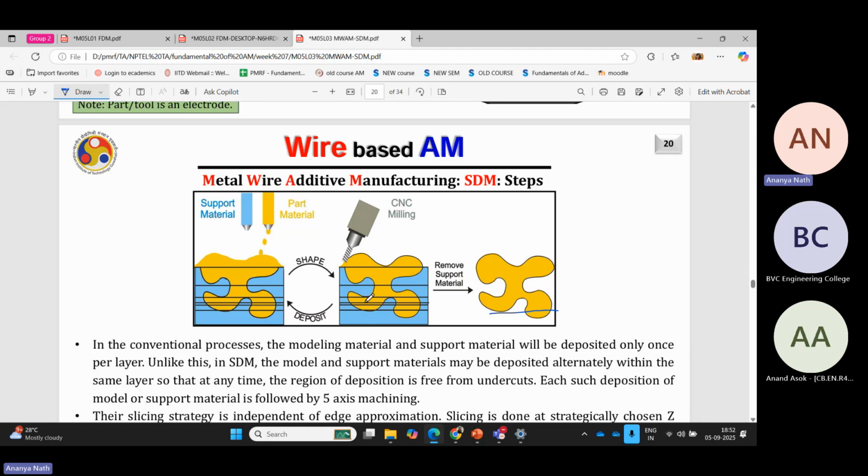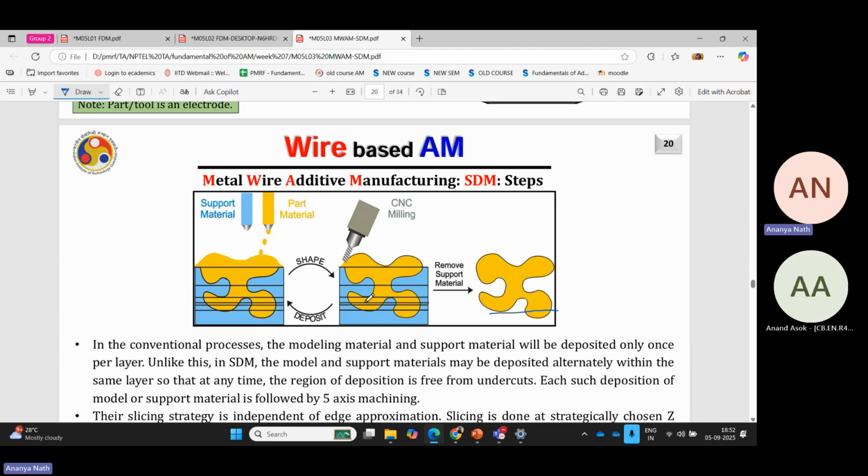This is based on how much complexity you have in the part, and based on that you are subdividing your part into a few zones, and each zone is getting deposited in one way. Here the slicing is very important: how you're subdividing your part into zones, and how you are going to deposit each zone, because this blue part is the support and the yellow part is the part.